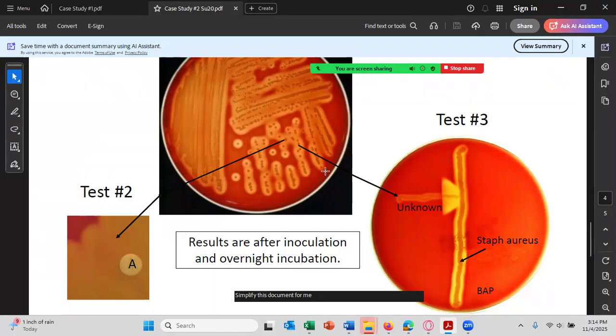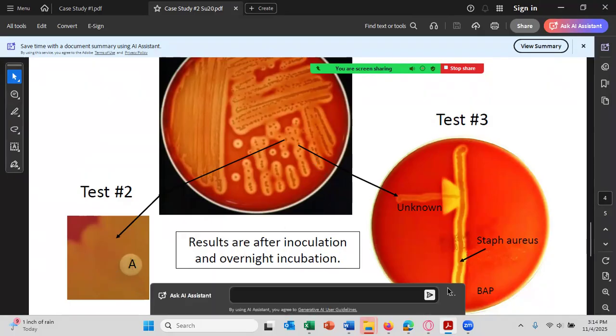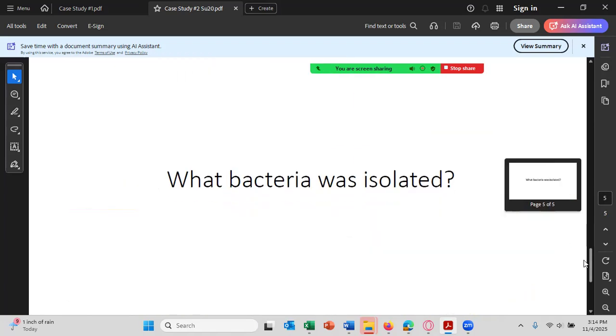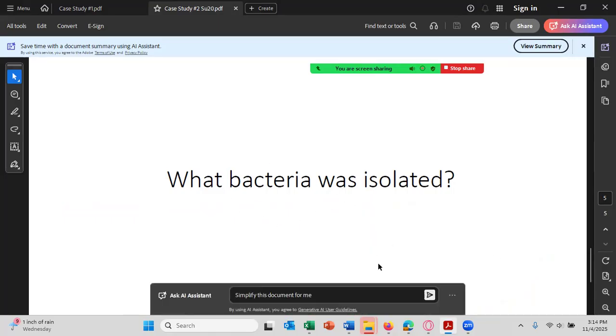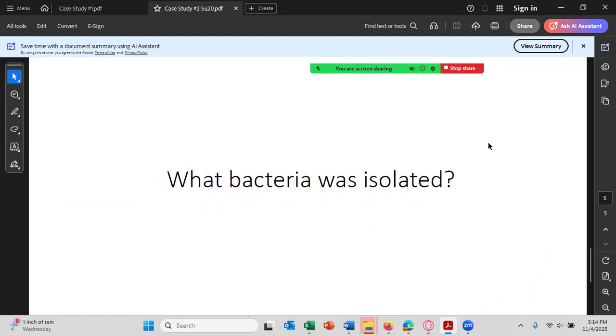Then we're doing the CAMP test, with the bacteria streaked here next to Staphylococcus aureus. So get your results of the CAMP test. And then what bacteria was isolated? Once again, you must give the species or the family that is named in the dichotomous key. Any question about any of these?